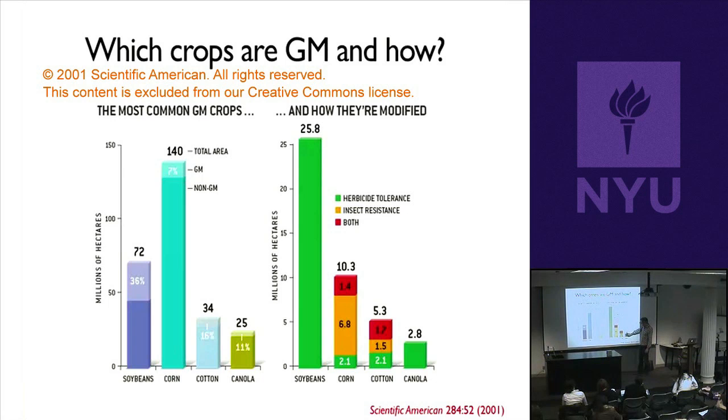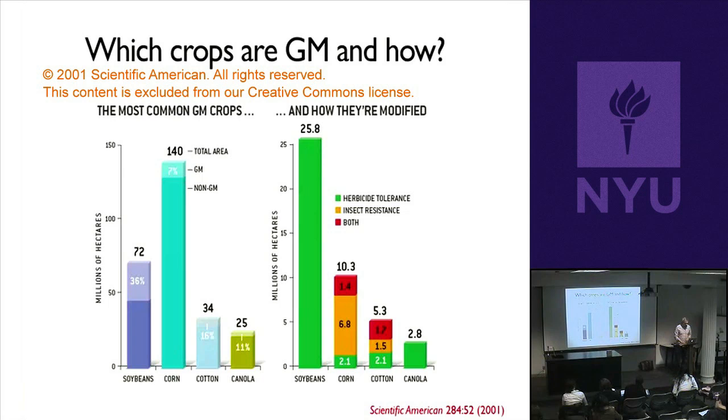And then corn and cotton have been engineered to be resistant to both, either one at a time, or some plants are resistant to both together. So here we have herbicide resistance, insect resistance, and both. But again, all of this is pretty much just two modifications, either separate or together: Bt toxin or Roundup.